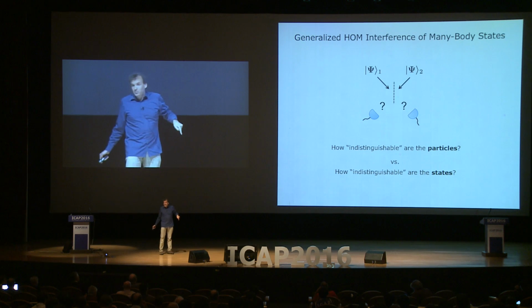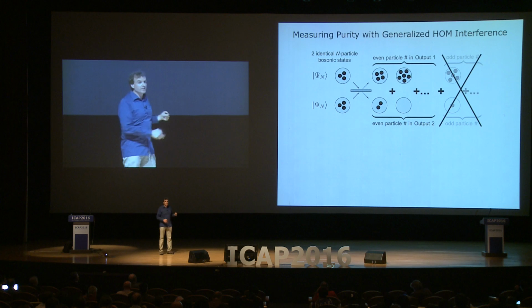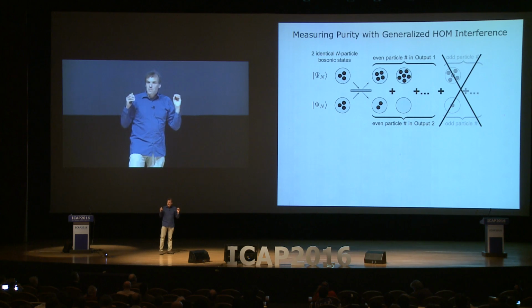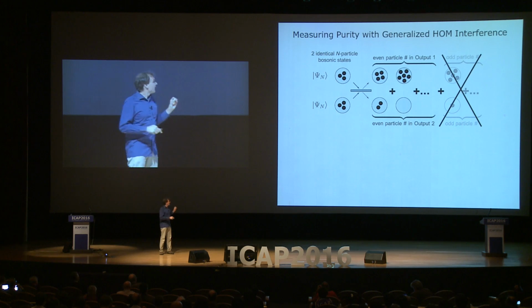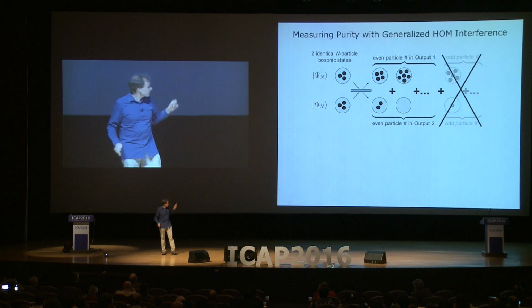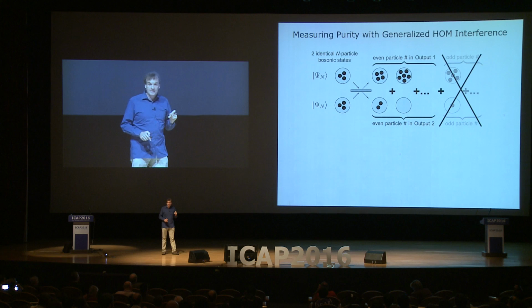And surprisingly, that works beautifully. If you put 2 many-body states onto a beam splitter, and you'll see what I mean by that, then if the 2 many-body states are indistinguishable, you will get even particle numbers out on both sides of the beam splitter. That's the generalization of Hong-Ou-Mandel interference. Okay. And all these odd parts, they cancel.